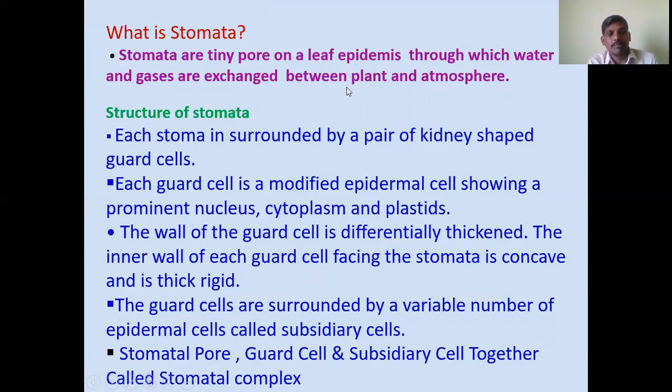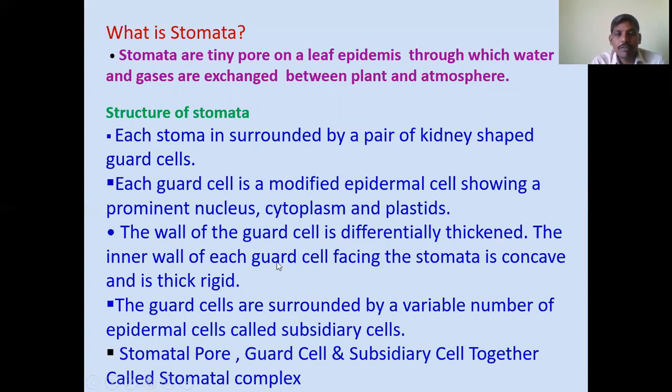Structure of stomata. Each stoma is surrounded by a pair of kidney-shaped guard cells. Each guard cell is a modified epidermal cell showing a prominent nucleus, cytoplasm, and plastids. The cell wall of the guard cell is differentially thickened.